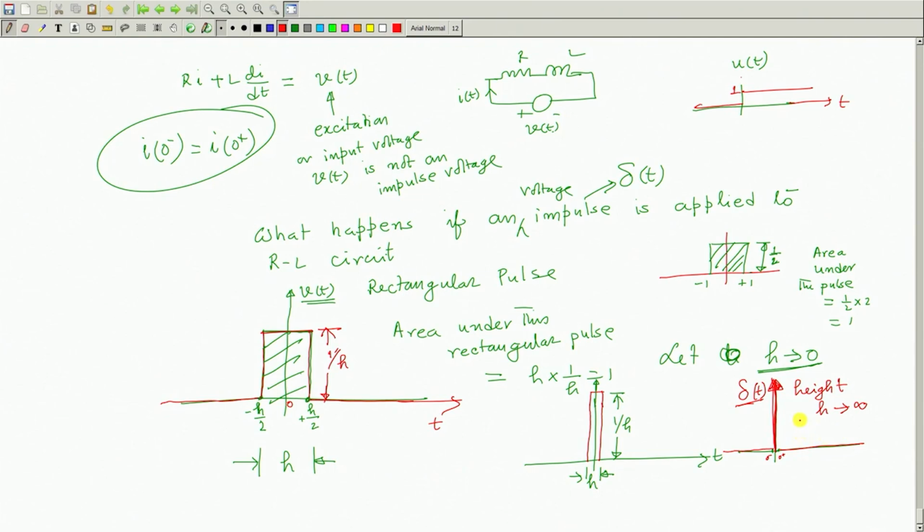Therefore, what should I say about this delta t? Coming to the next page, listen to this part carefully. Here is your time axis. I am saying that at t equal to 0 there is an impulse.